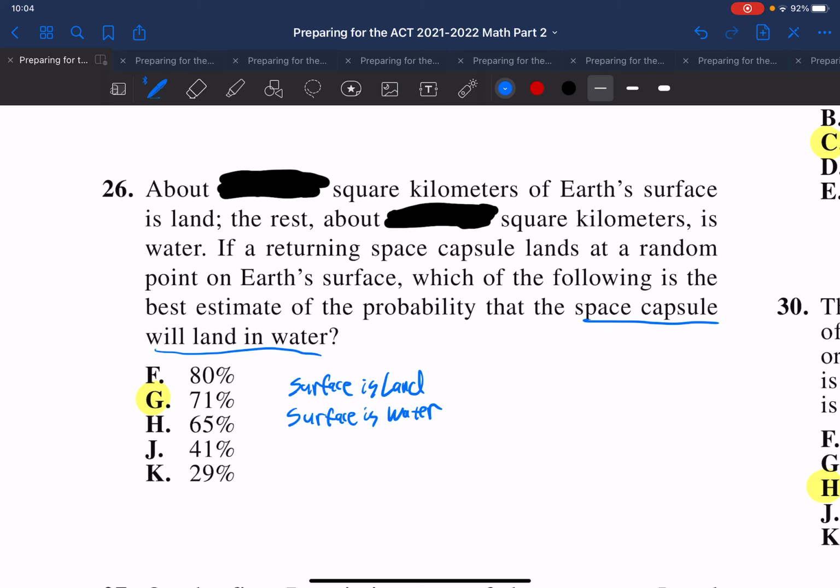In order to get the probability, we're going to need the amount of surface that is water, but we're also going to need the total surface of the Earth. We get that by adding up the surface that's land and the surface that is water. Now, to get the probability, we take the surface that is water and divide by the total surface.